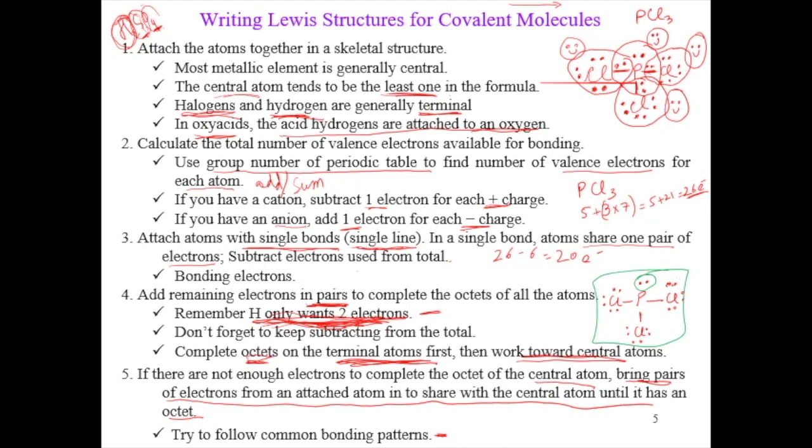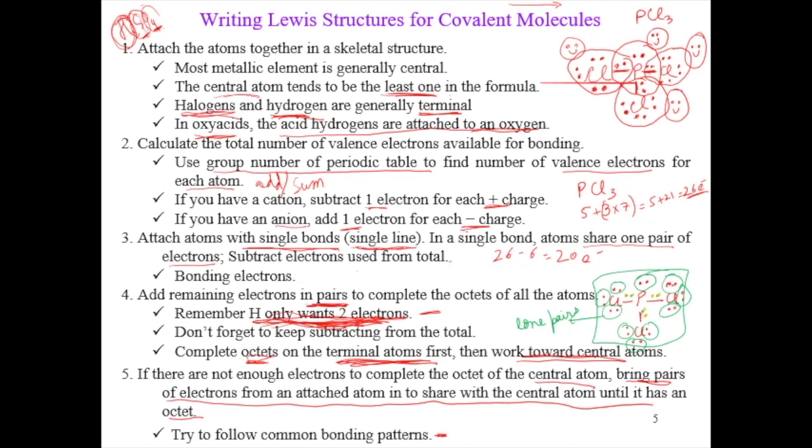All these electrons that you see around the atoms, these electrons are present in pairs. These electrons are called lone pairs. The electrons that are present in these bonds that you see, that we usually don't draw, let me draw them with a different color.